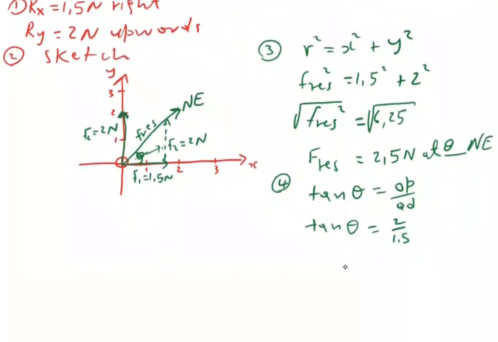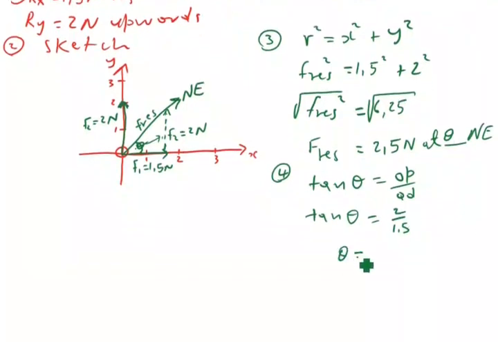To solve for theta, we say theta is equal to tan inverse of 2 over 1,5. Then you have theta, that is your direction.